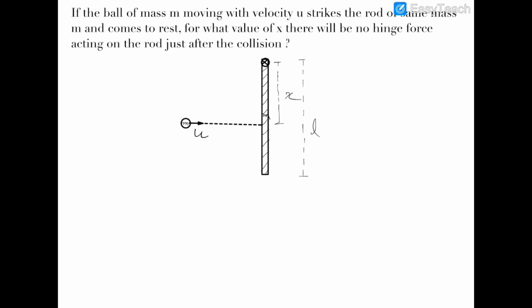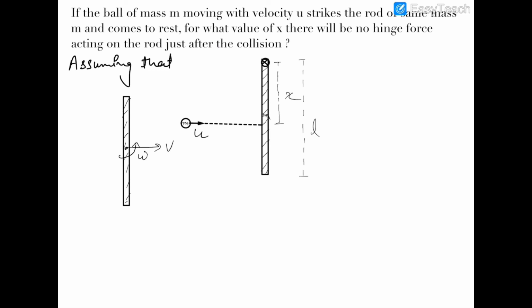So to solve this question, let us assume that the rod was not hinged. If this ball strikes the rod and comes to rest, then let us suppose that the rod starts to rotate with an angular velocity of omega, and its center starts to translate with the linear velocity v.